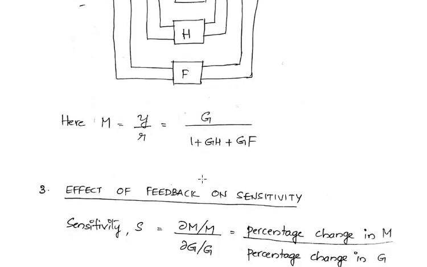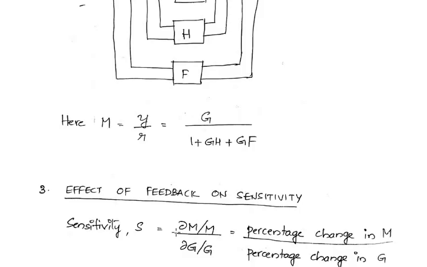So sensitivity is equal to percentage change in M, where M is the overall gain or overall transfer function of the system, divided by percentage change in G. So ∂M by M, that is the percentage change in M, divided by ∂G by G. So I can rewrite this expression as ∂M by ∂G into G by M.